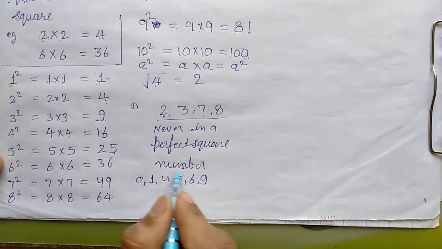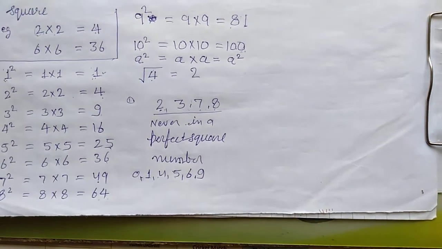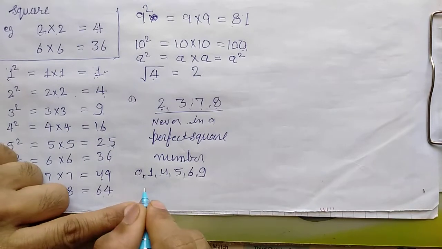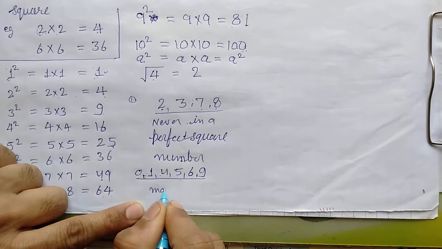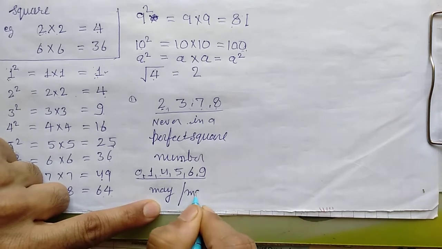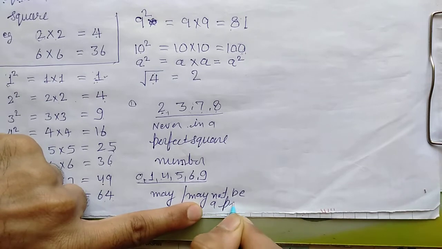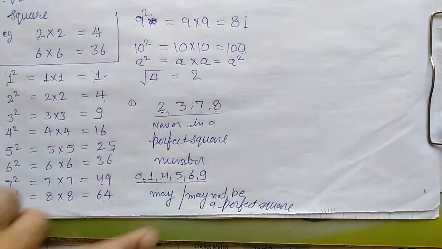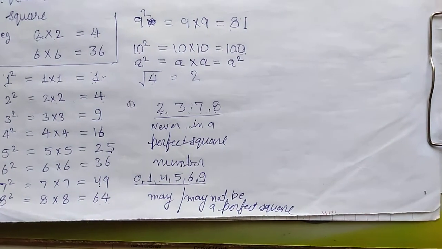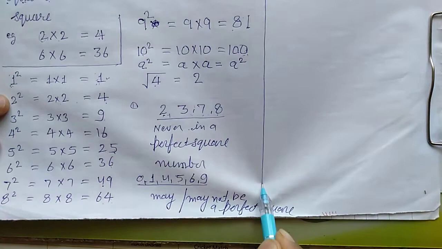If they are coming at one's place, does it mean they are a perfect square? No, it is not essential. It means when these numbers are at one's place, it may or may not be a perfect square. It may be or may not be, not essential, right?